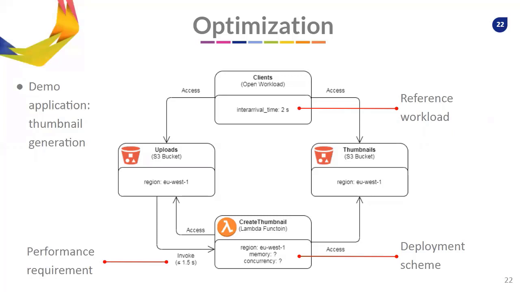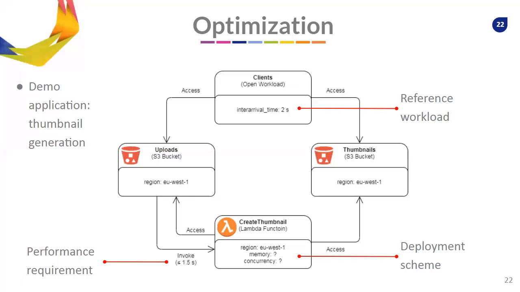When an image is put into the upload bucket, S3 produces an event to invoke the create thumbnail function. The create thumbnail function then gets the image from the upload bucket, resizes it, and puts the result into the thumbnails bucket.